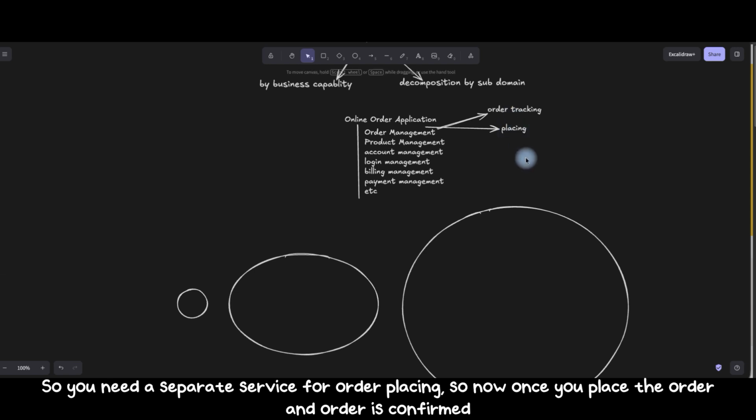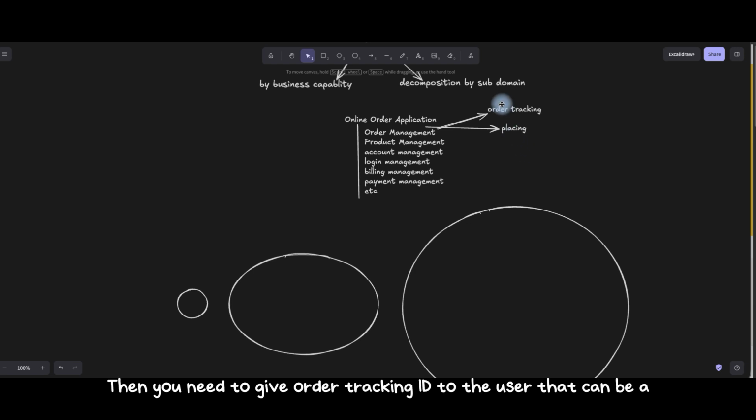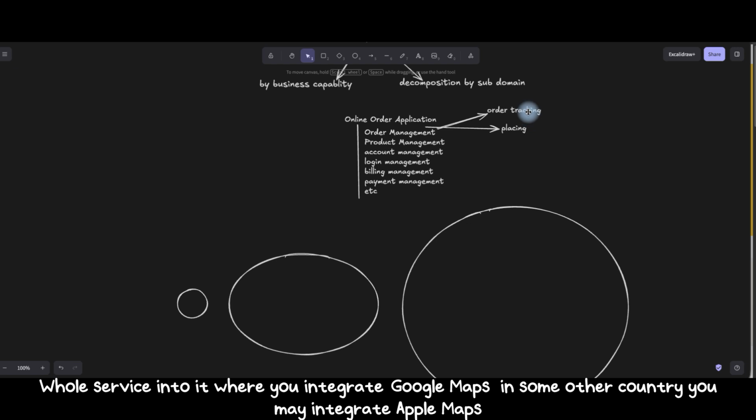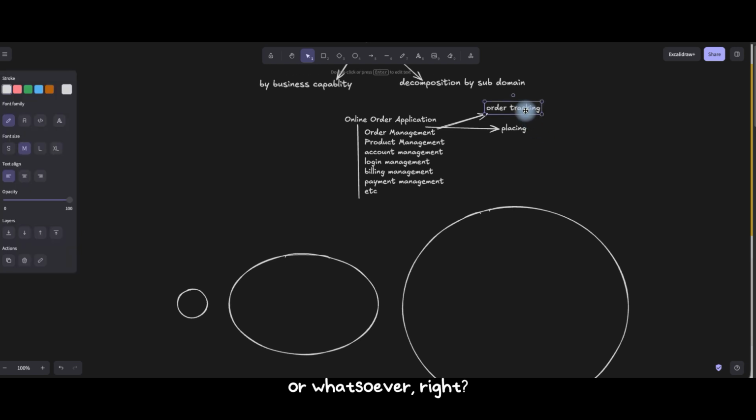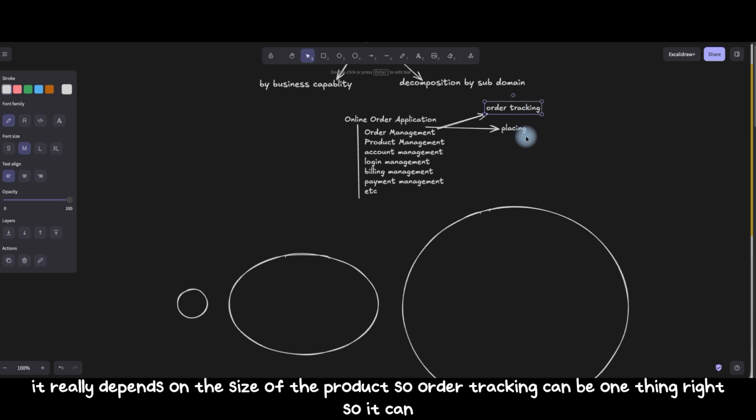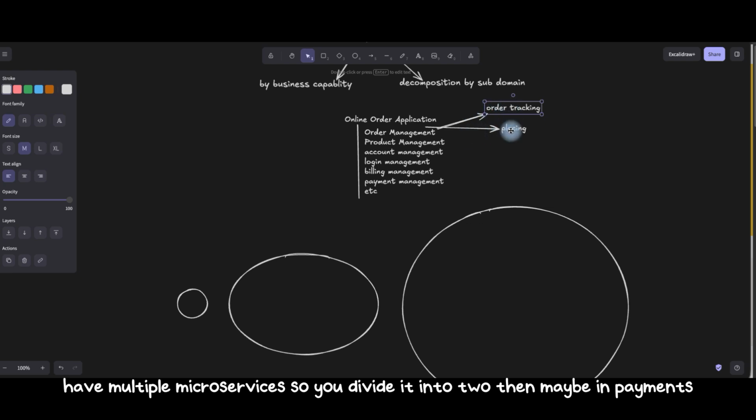Once you place the order and the order is confirmed, you need to give an order tracking ID to the user. That can be a whole service, where you integrate Google Maps. For some people in some other country you may integrate Apple Maps or whatsoever, right? Even multiple data centers are there. It really depends on the size of the product. So order tracking can be one thing, and it can have multiple microservices, so you divide it into two.